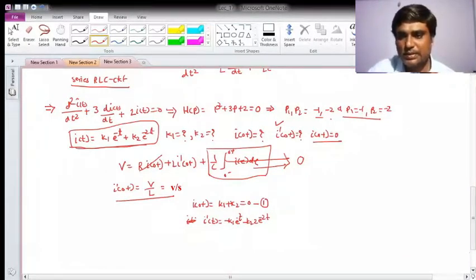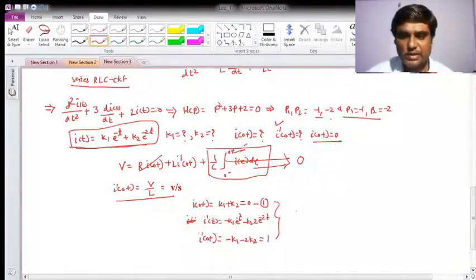I put t equal to 0 positive, so it will be minus k1 minus 2k2, which is 1.